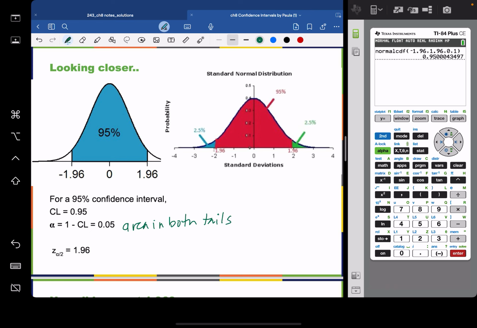So 0.05 is the area outside of what we're talking about, and so we split that in half. So alpha over 2 is 0.025, and that's the area in each tail. So there it is, area in each tail, 2.5%. And then we find the z-score.